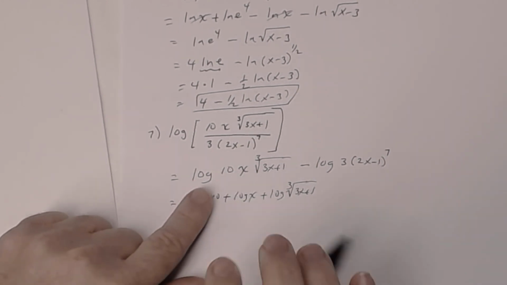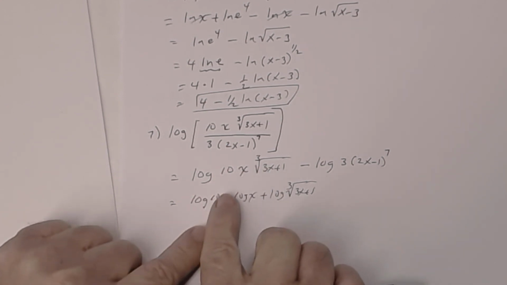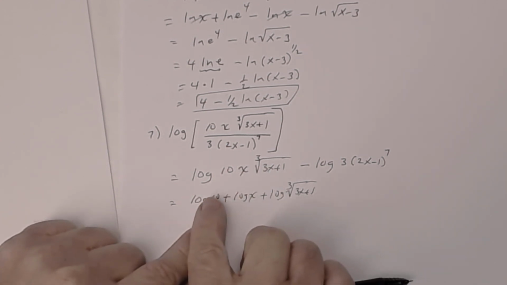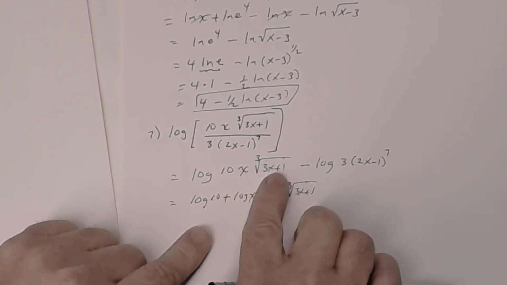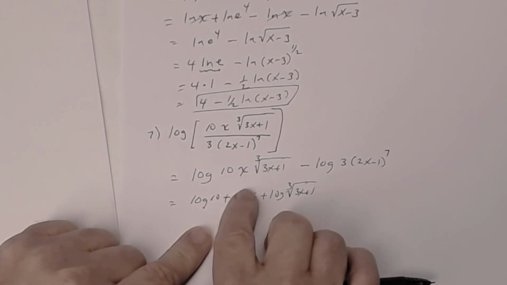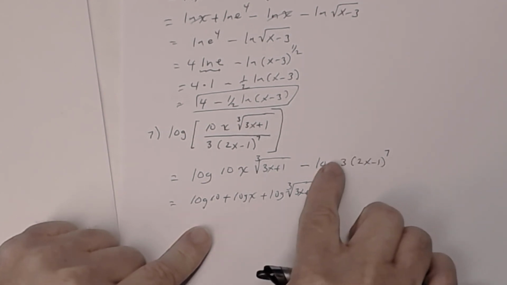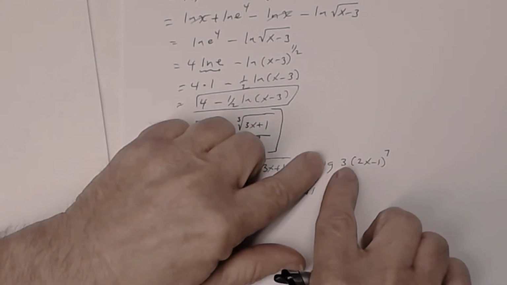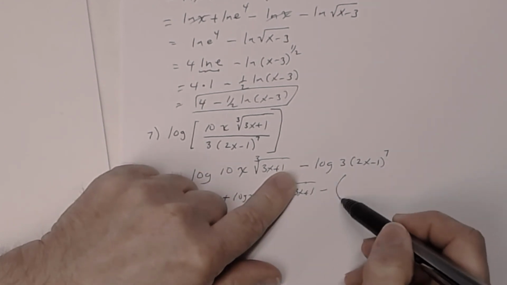Okay, now I want you to notice you're taking the log of 3 things here, of a product of 3 factors. So using the product rule, this becomes a log of 10 plus the log of x plus the log of the cube root of 3x plus 1. The log of a product is the sum of the logs: the first factor plus the second plus the third. Just like in the previous problem, you're going to be taking the product rule here, but remember that's subtraction, so put that in parentheses.